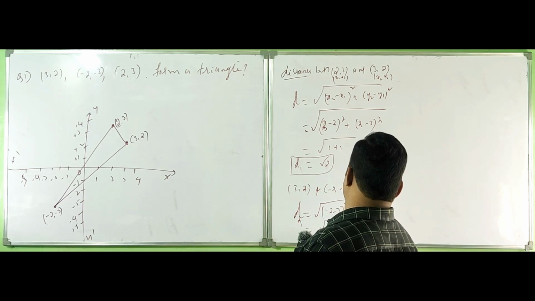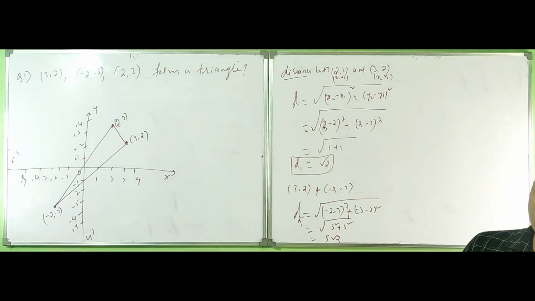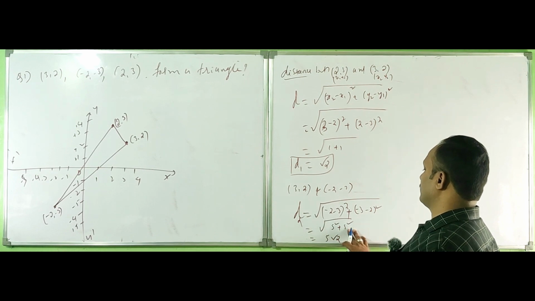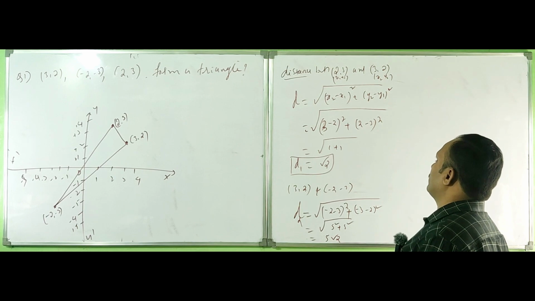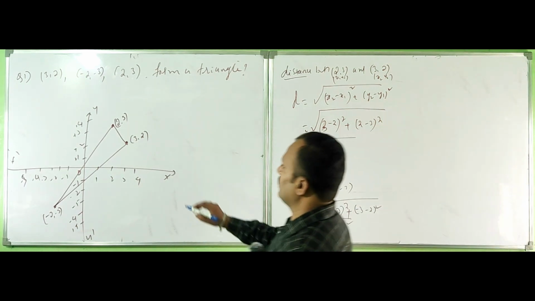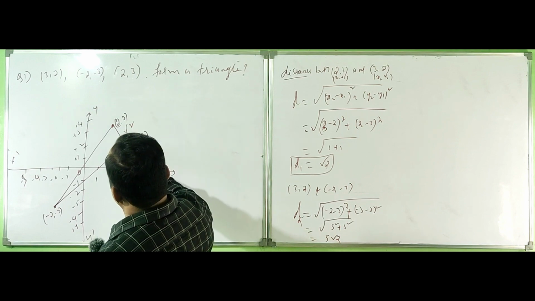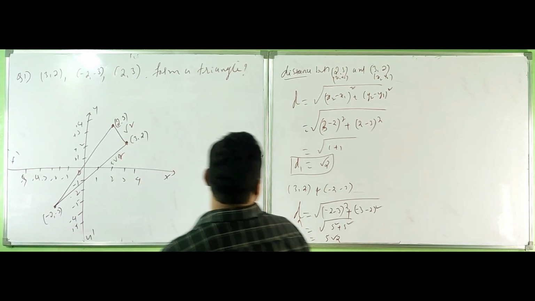Taking 5 square outside, this is 5 root 2.